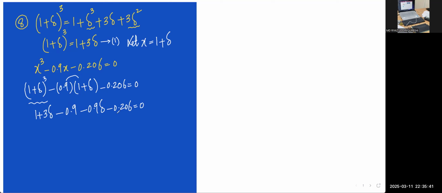Then if you simplify, how many deltas are there? 3 and 0.9. If you simplify 3 minus 0.9, how much? Tell me. 2.1.